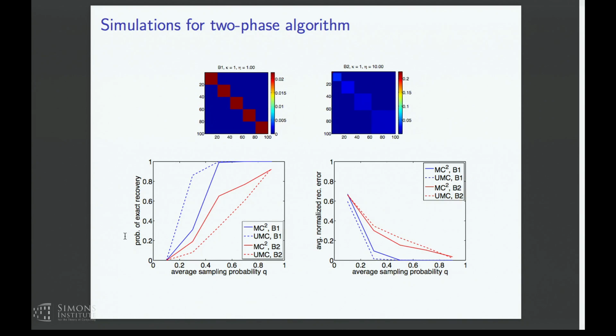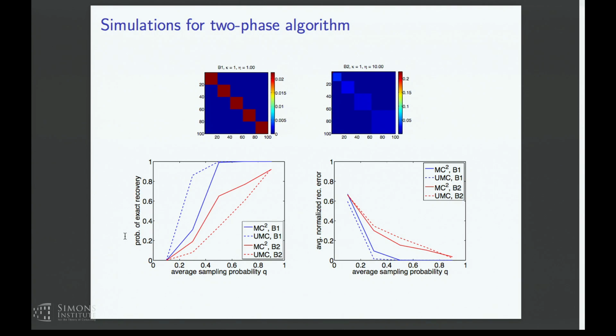And then we considered different types of low-rank matrices. So here's just a block diagonal matrix. So it's rank 5. And I don't know if you can see this, but this is rank 4, and it's a block diagonal matrix where the blocks are very different sizes. So this is incoherent, and this is more coherent.